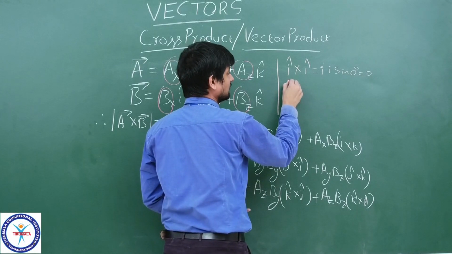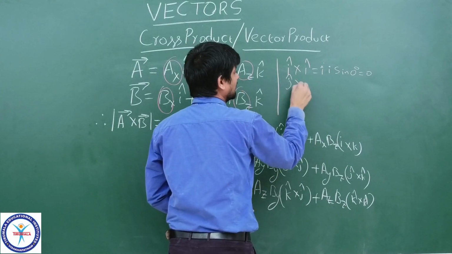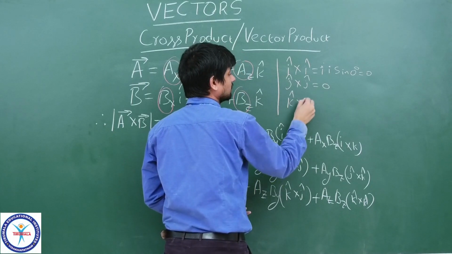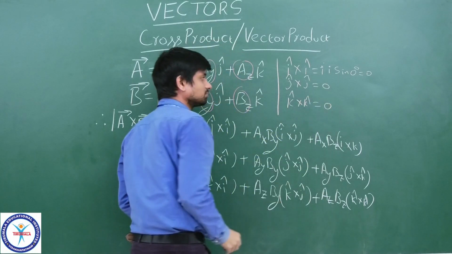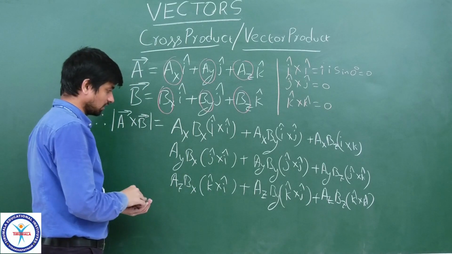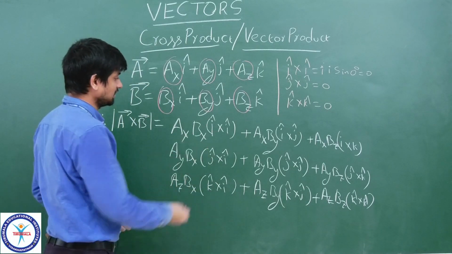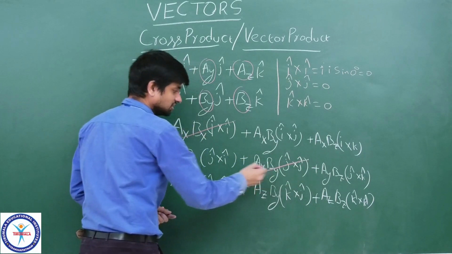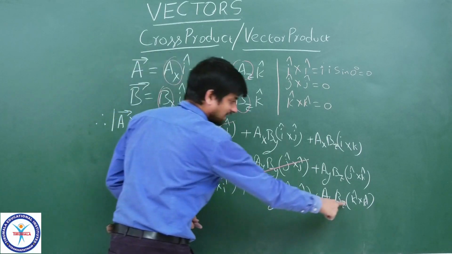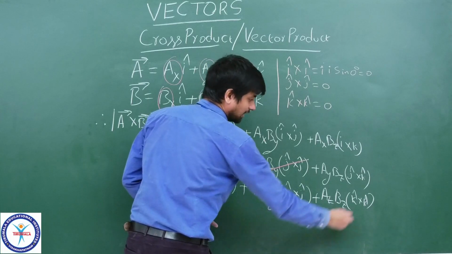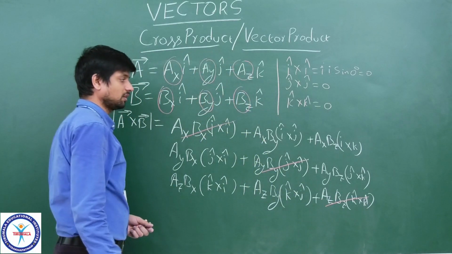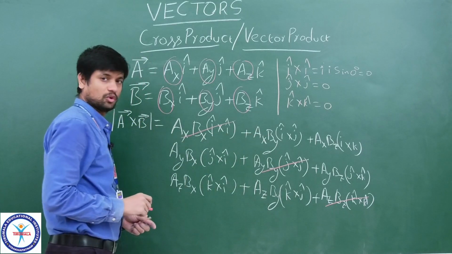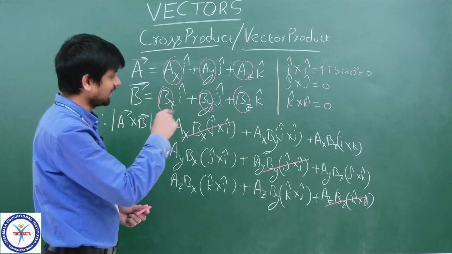So in the same way j cap cross j cap equals 0, k cap cross k cap equals 0. So if you apply that, which terms are being cancelled? This one 0, is there anything else? Yes, here 0, here you can see k cap cross k cap cancels. Now you have 1, 2, 3, 4, 5, 6 terms.